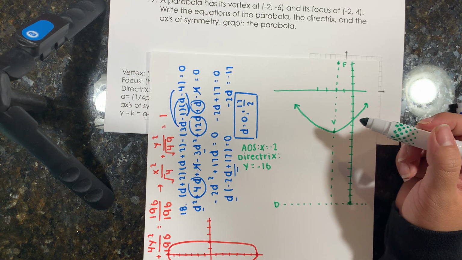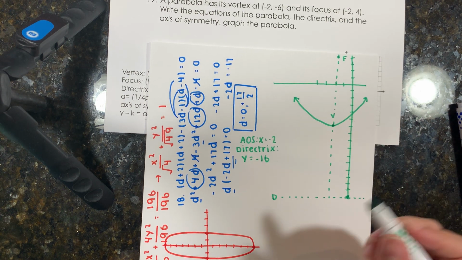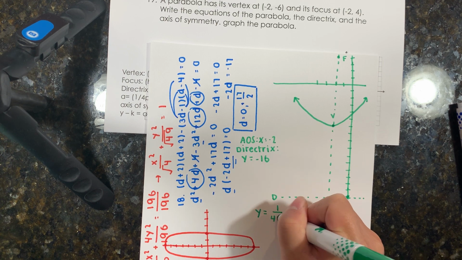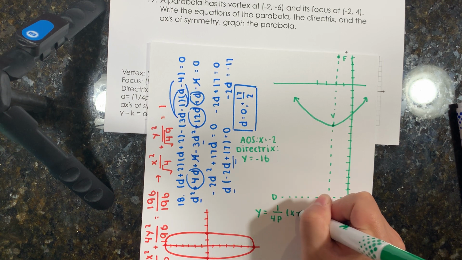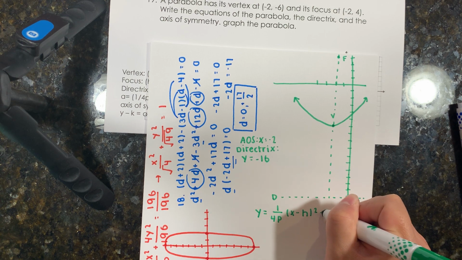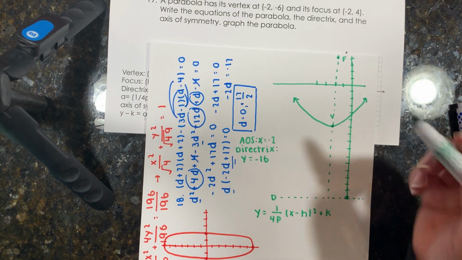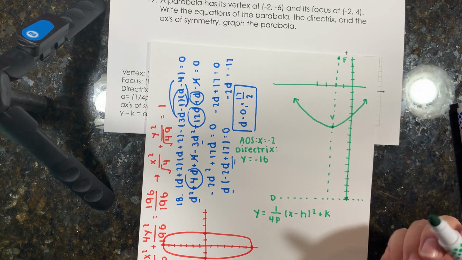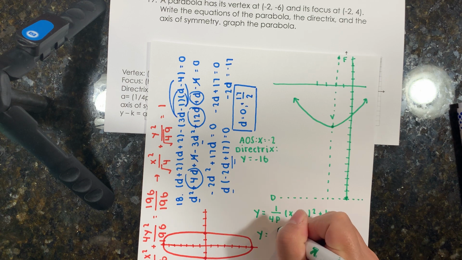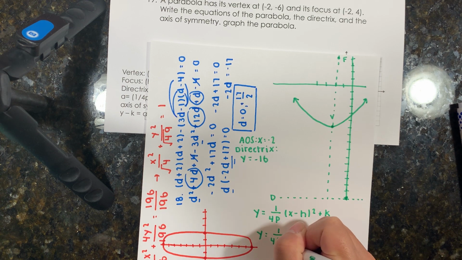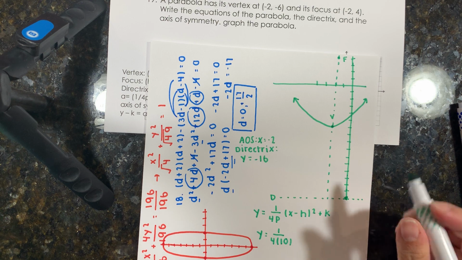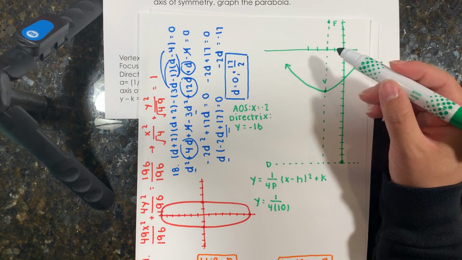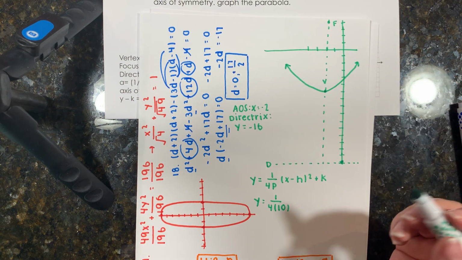And then I need each of my points for my equation of the parabola. So the parabola is y is equal to 1 over 4p times x minus h squared plus k. So the p is the distance between the vertex and the focus. So if I count up, that's 10 spaces. And then the h and the k is just the coordinates of the vertex, which is negative 2, negative 6.